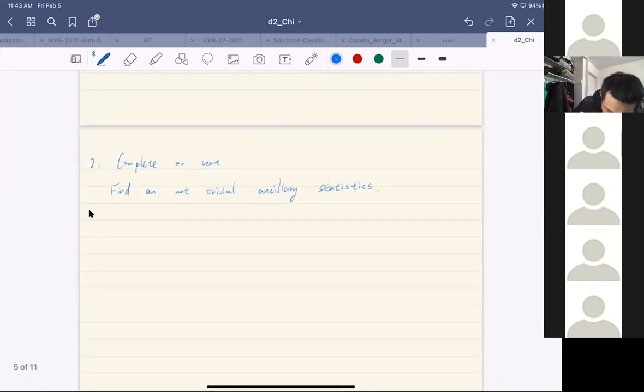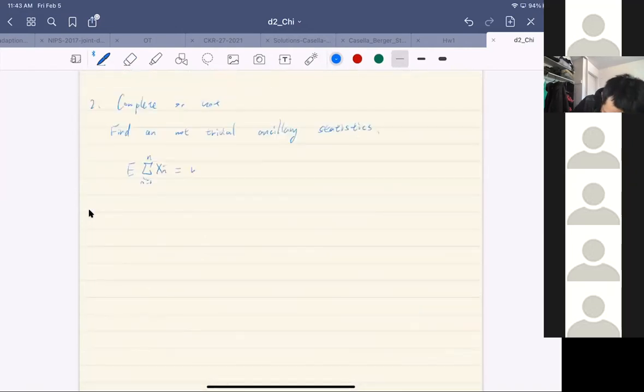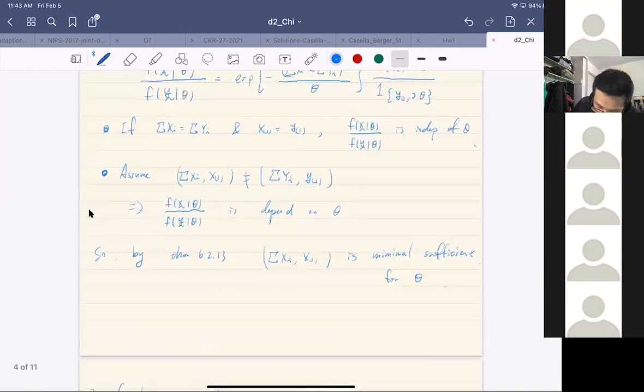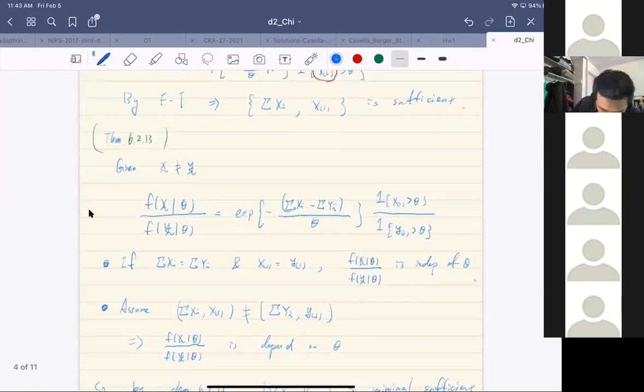So one way to do that is like this. I found 1 to n. The average of this one is n theta, because divided by n, the ratio is 1. So yeah, it's n theta.